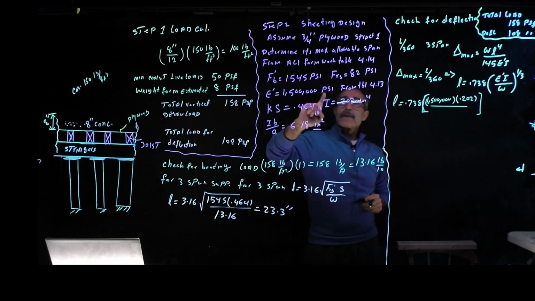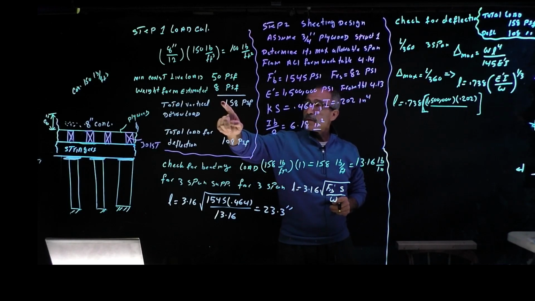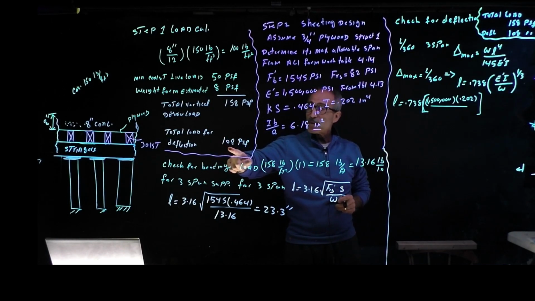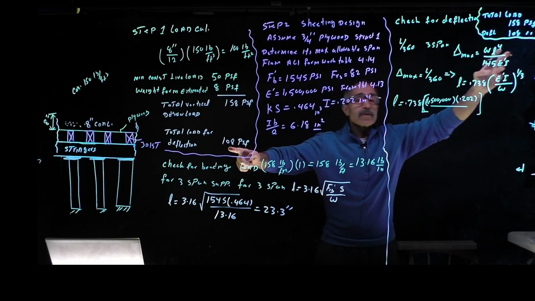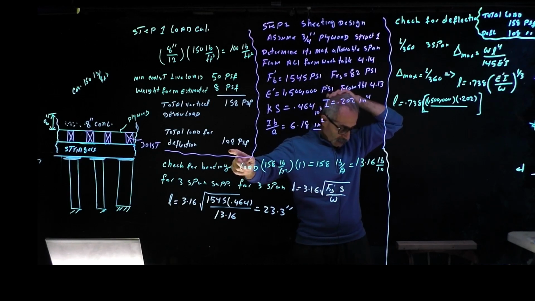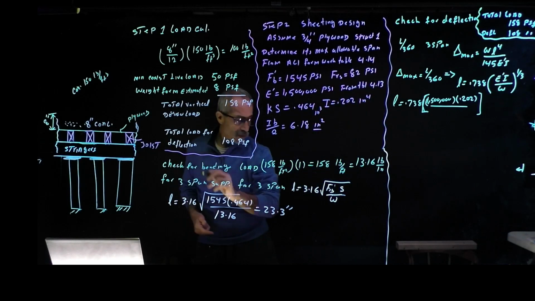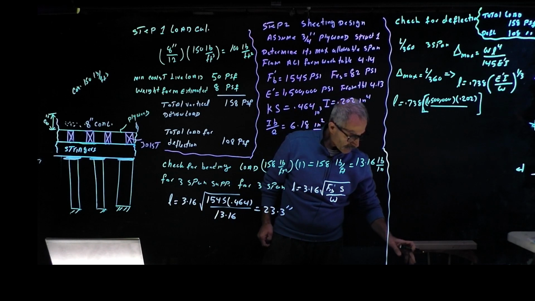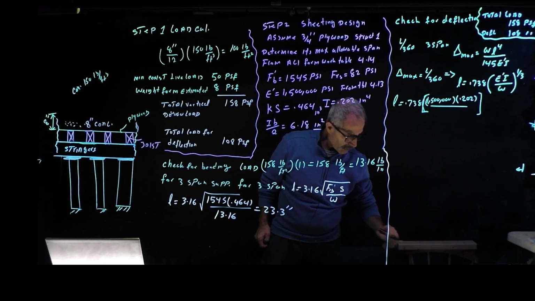Now wait a minute, w, we're not using this one because it's the total vertical load. We're using the load for deflection, which is 108 pounds per square foot. Divide that by 12, what do I have? 9 pounds.